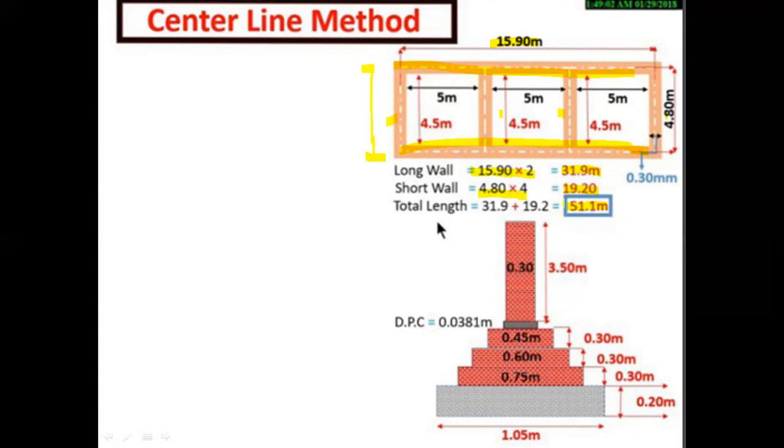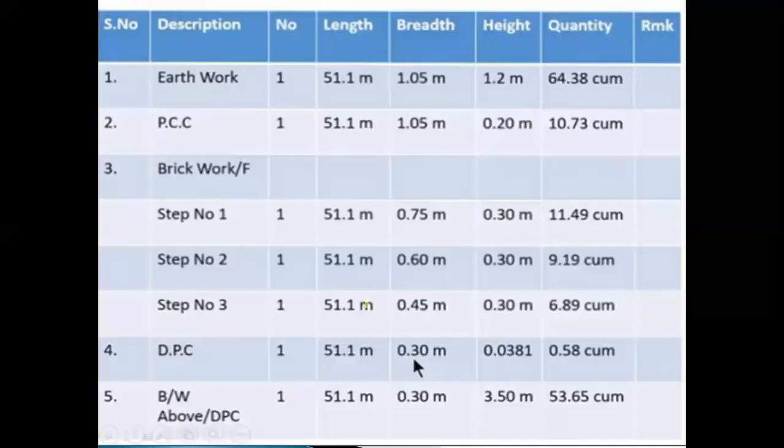Here the total length is the total center to center wall length, 51.1 meters. So here we calculate the earthwork, PCC plain cement concrete, and brickwork in footing 1, footing 2, footing 3 up to the plinth area, and the DPC, and brickwork above the DPC, the superstructure.